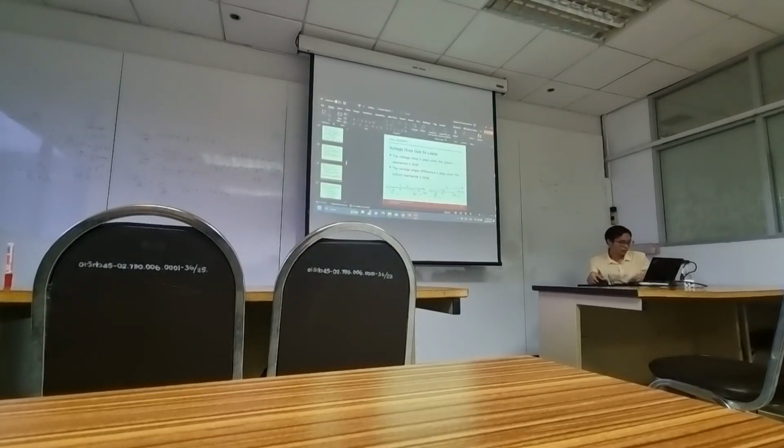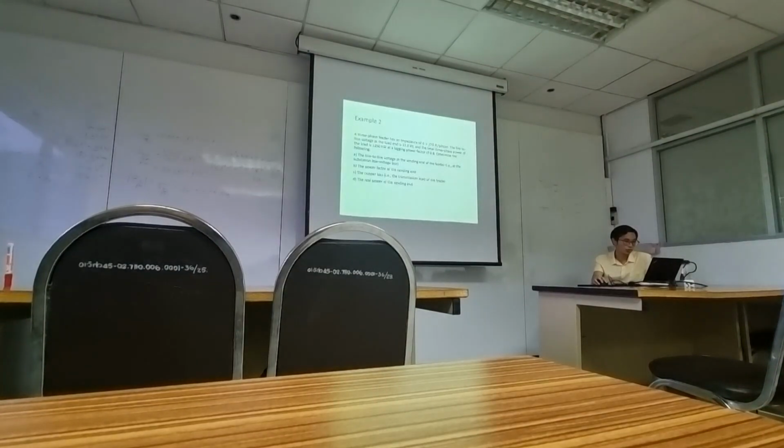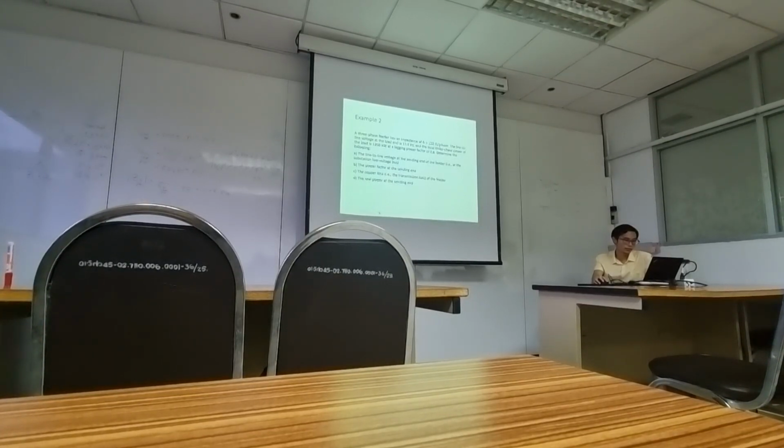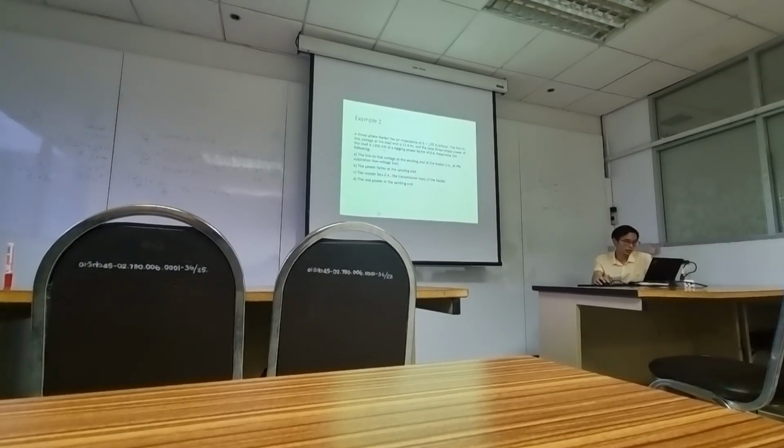Let's talk about the example. So this is example 2. We have a 3-phase feeder with this impedance. The line-to-line voltage at the load end is this one. The total 3-phase power at the load is this, at a lagging power factor of 0.8.